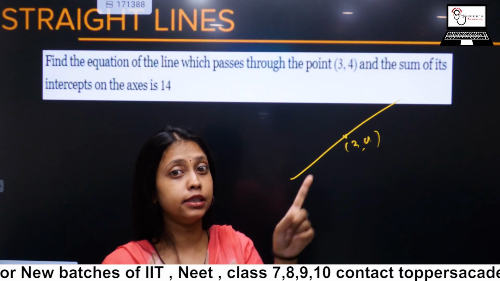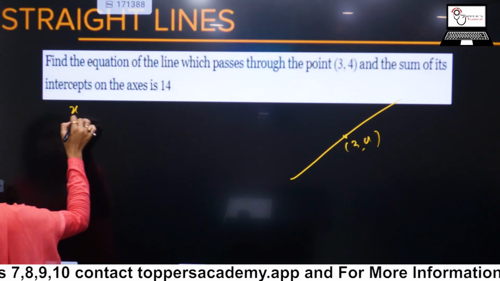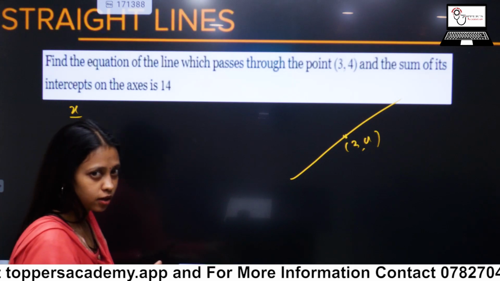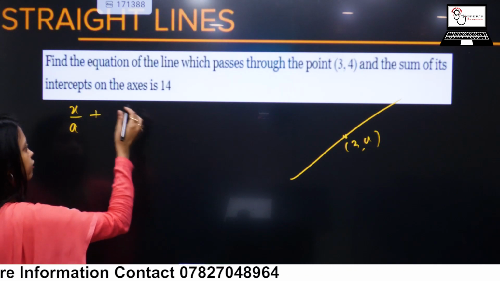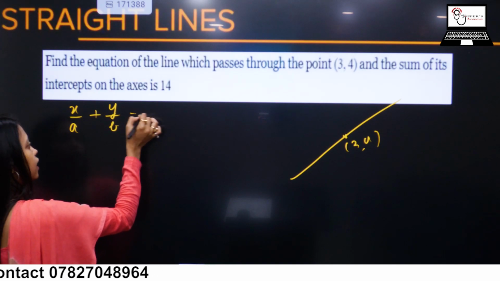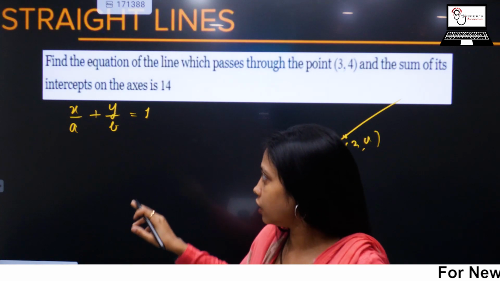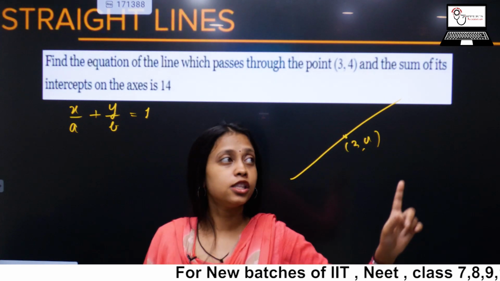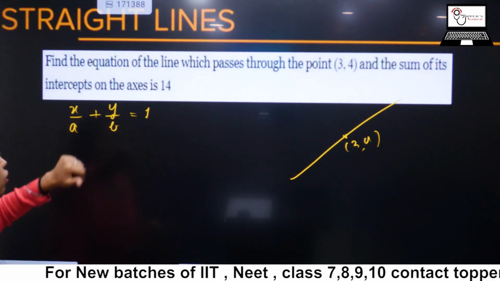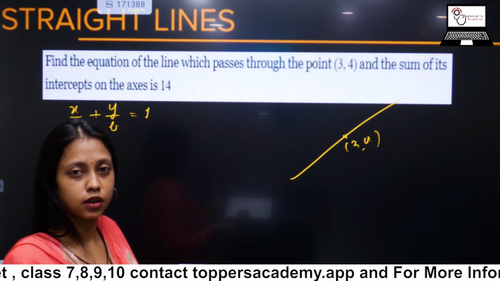I have the intercept form, a ready-made equation, so why do I have to bother about the slope and everything? I don't know what the intercepts are, but I know that if A and B are the intercepts, then this is the equation of the line. But they are saying that 3 comma 4 lies on this. If 3 comma 4 lies on this, that means 3 comma 4 satisfies this.